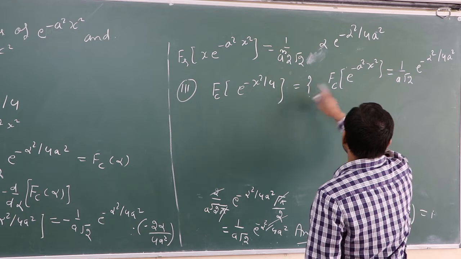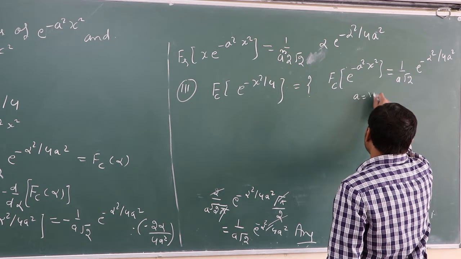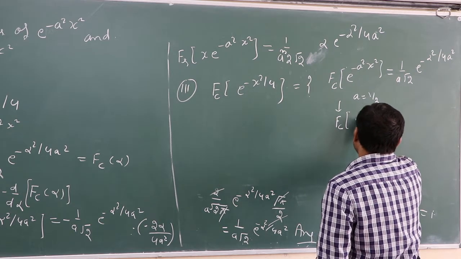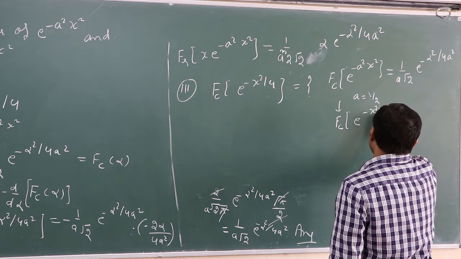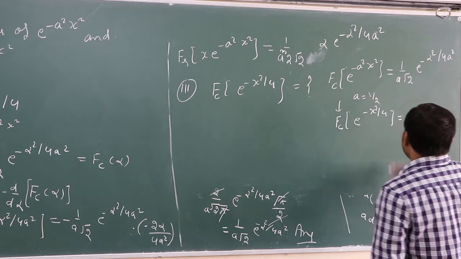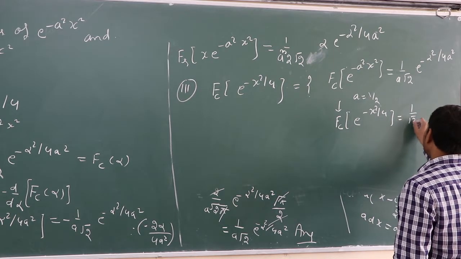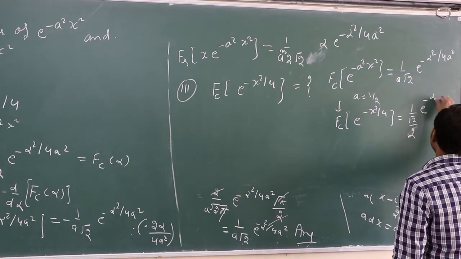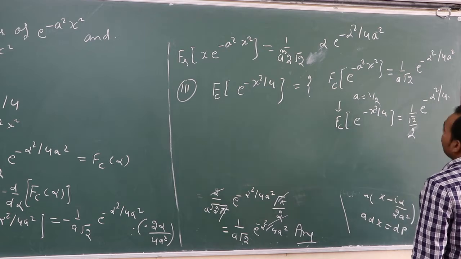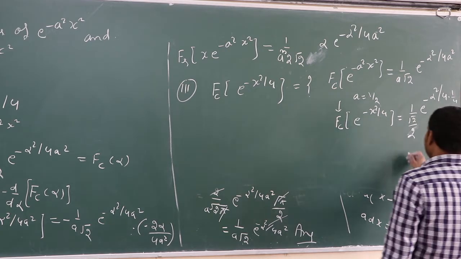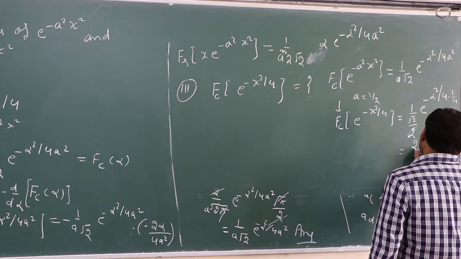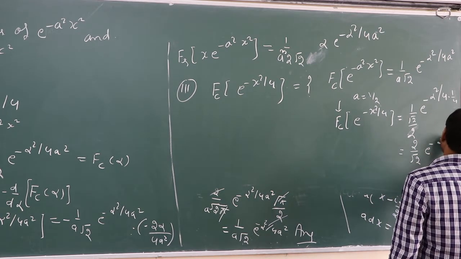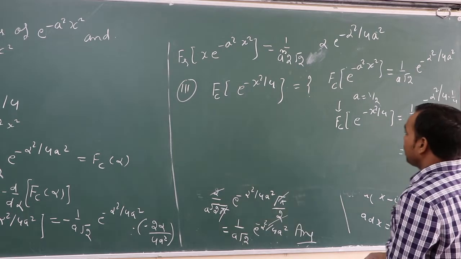For finding this, simply write a equal to half. So the Fourier cosine transform of e to the power minus x square upon 4, with a replaced by half, is under root 2 upon 2, e to the power minus alpha square upon 4 into 1 upon 4, so 2 upon under root 2, e to the power minus alpha square.